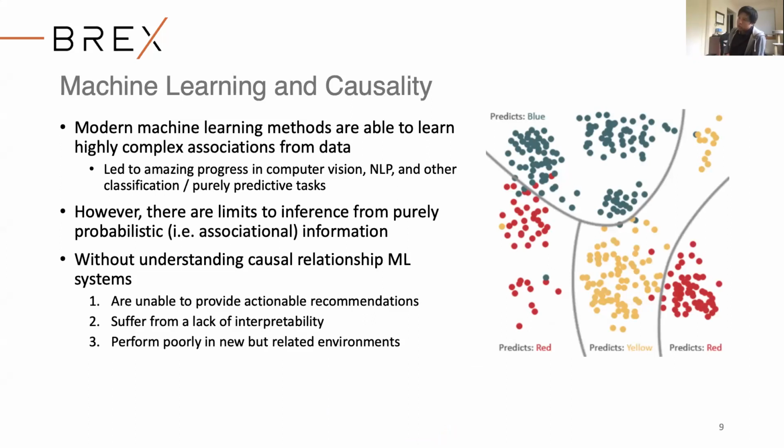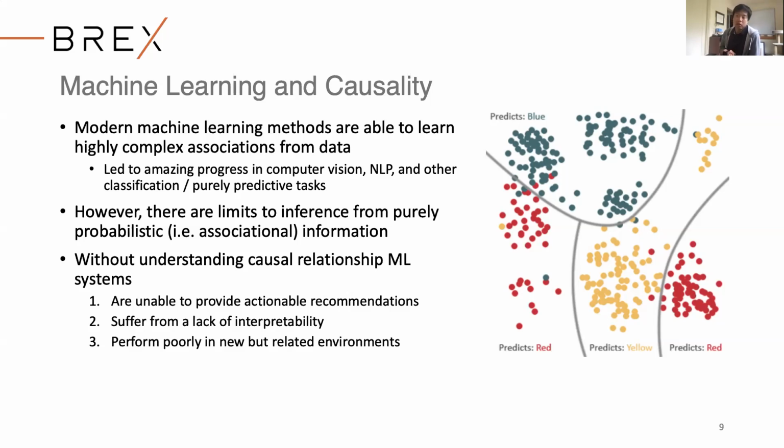Okay. So just to summarize a little bit about what I was trying to cover in the first section, modern machine learning methods are able to learn very, very complex associations from data. They can learn incredibly high dimensional associations and very non-linear relationships.